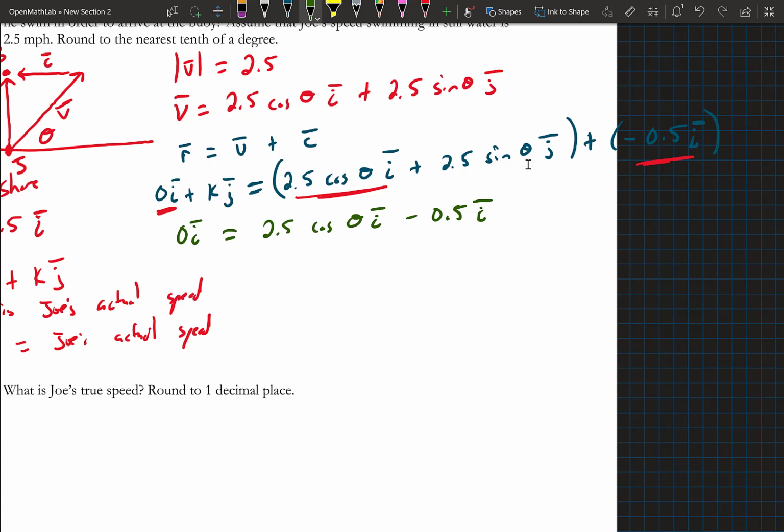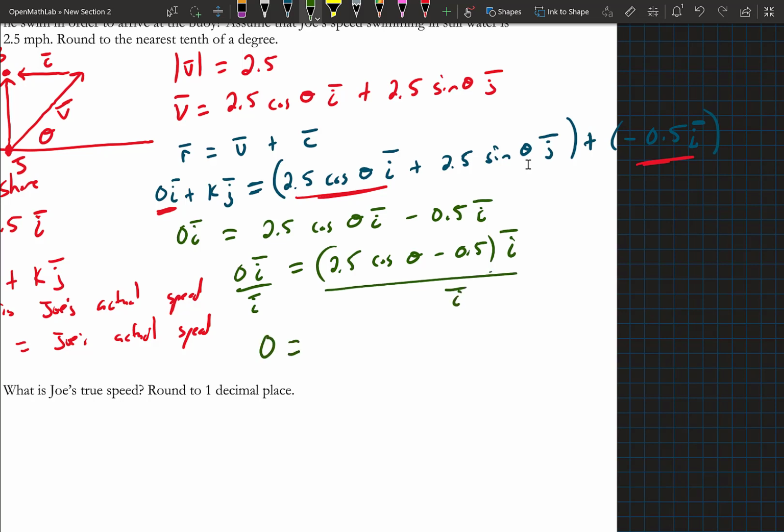So then I could divide both sides by vector I, because this would be 0 times I equals 2.5 cosine of theta minus 0.5, all times vector I, just factoring out vector I. If I divide both sides by vector I, that gives me that 0 must be equal to 2.5 times cosine theta minus 0.5.